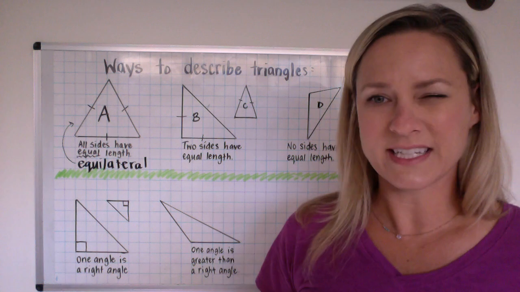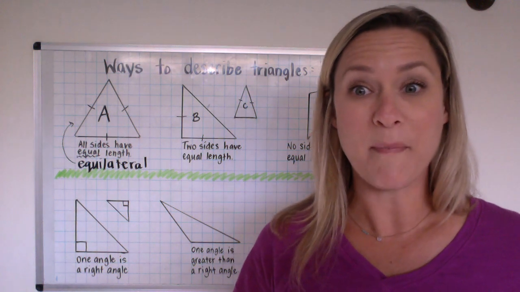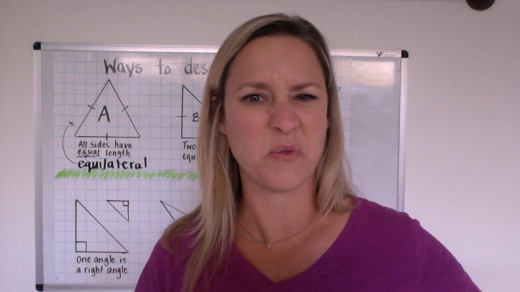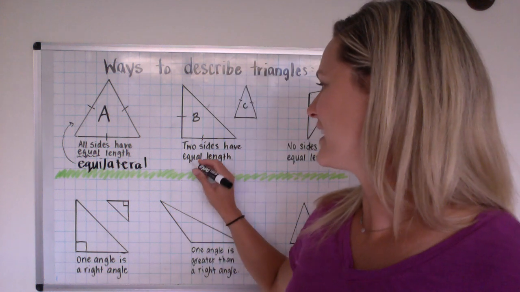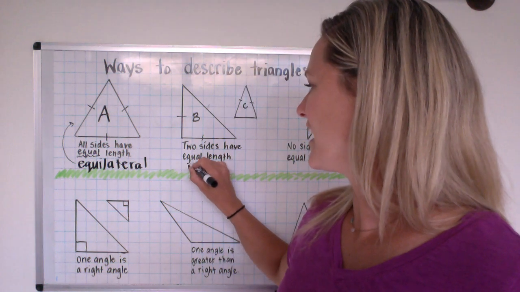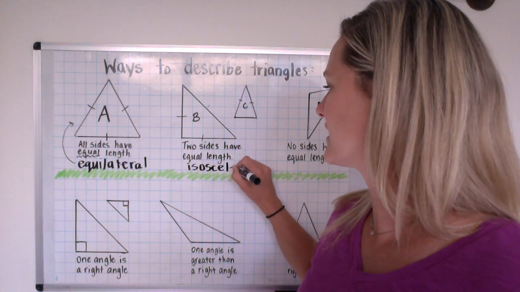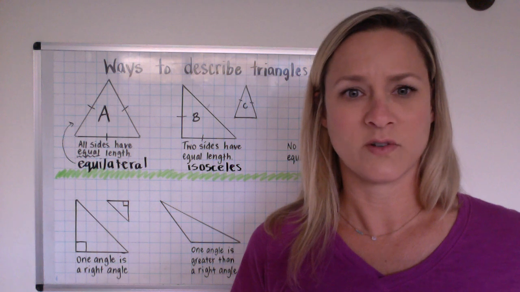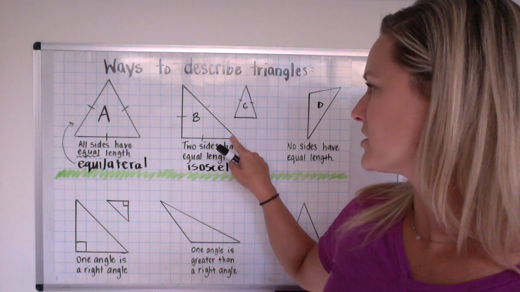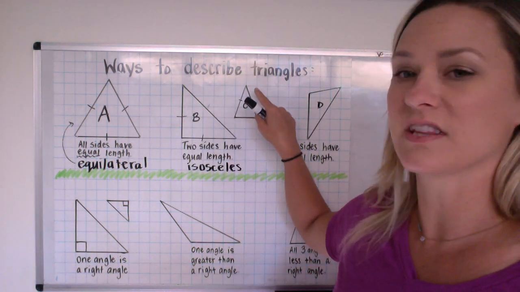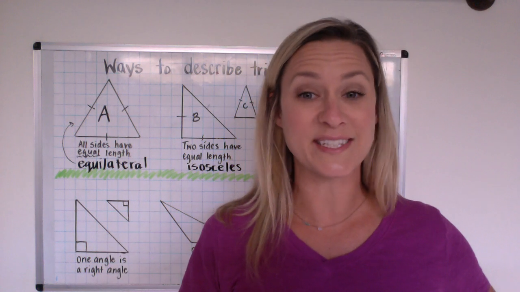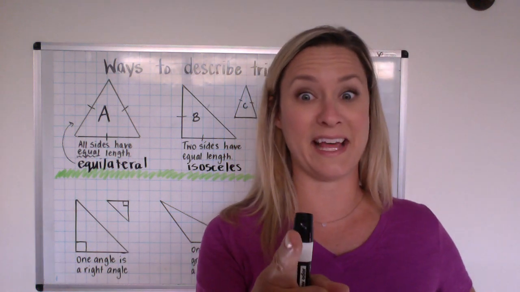So this one gets a different name, and it's a word you may never have heard before, and it's crazy to try to spell. Here it is. It is isosceles. Weird, but when triangles have 2 sides that are the same length, they're called isosceles triangles. Okay, now you try saying that one.